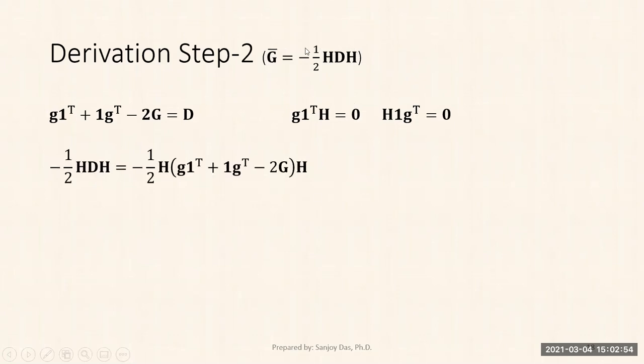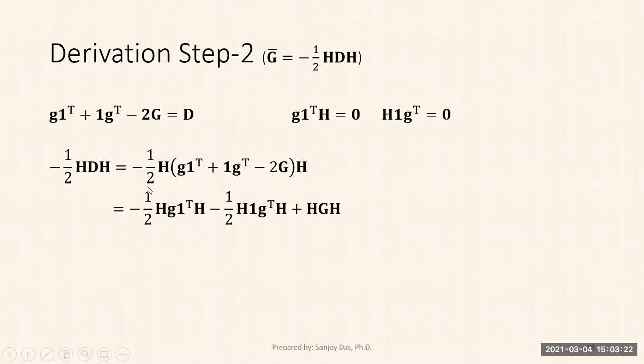I'll take the right-hand side, negative half HDH, which equals negative half H, and I replace D with this expression here: G1 transpose plus 1G transpose minus 2G, times H. Then I open up the parentheses, so I get three terms.